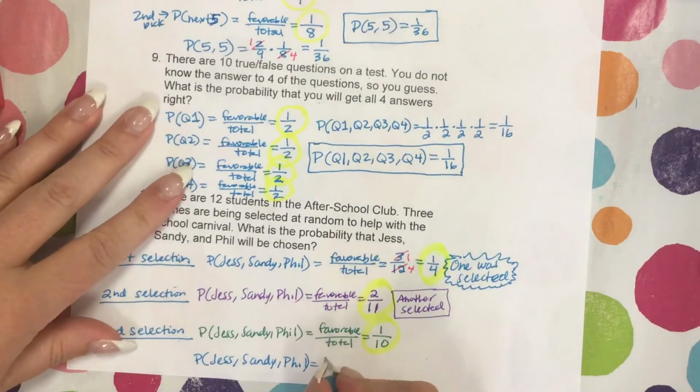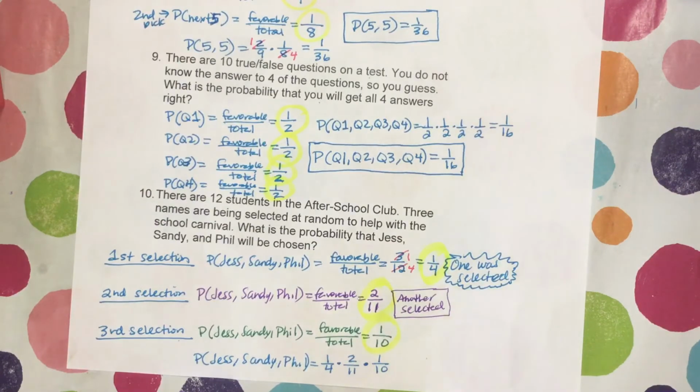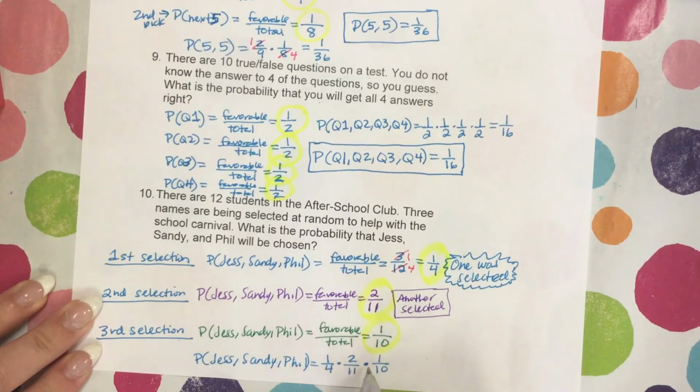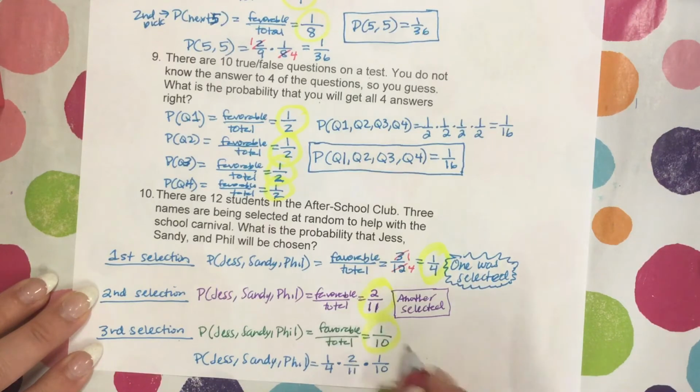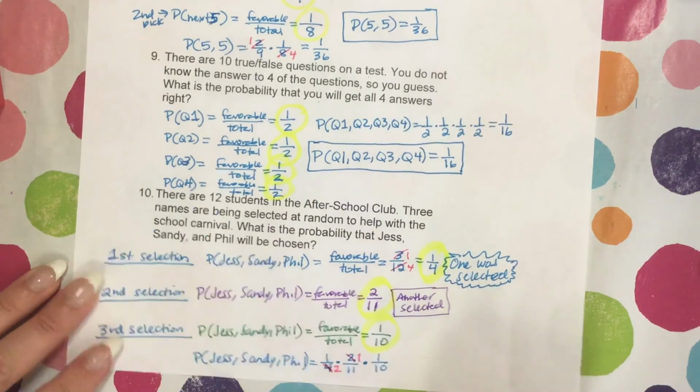So we're going to go 1/4 times 2/11 times 1/10. And whenever we are multiplying fractions, we always look to cross cancel. So is there anything we can cross cancel here? I would say yes. There's a common factor between 2 and 4. And because this is being multiplied by 1/10, that's okay. So there's a common factor of 2. 2 goes into 2 one time, and 2 goes into 4 2 times.